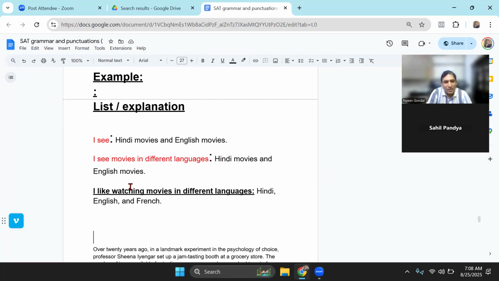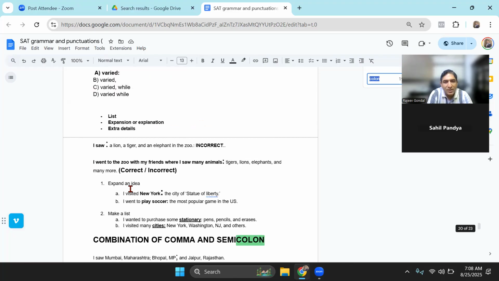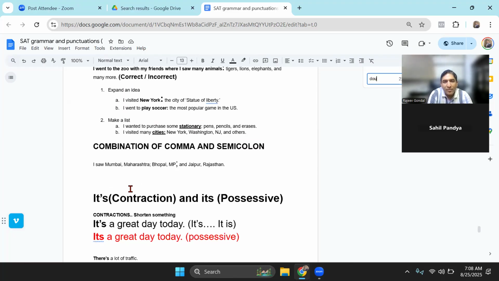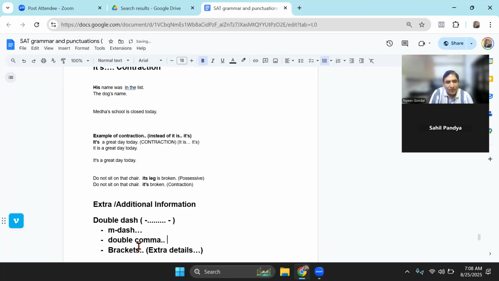So this was the colon. Okay, let's also talk about some other punctuation, like the double dash. Have you seen this sometimes, where they use a dash and then some text and then there's another dash, a double dash? What's the use of this?